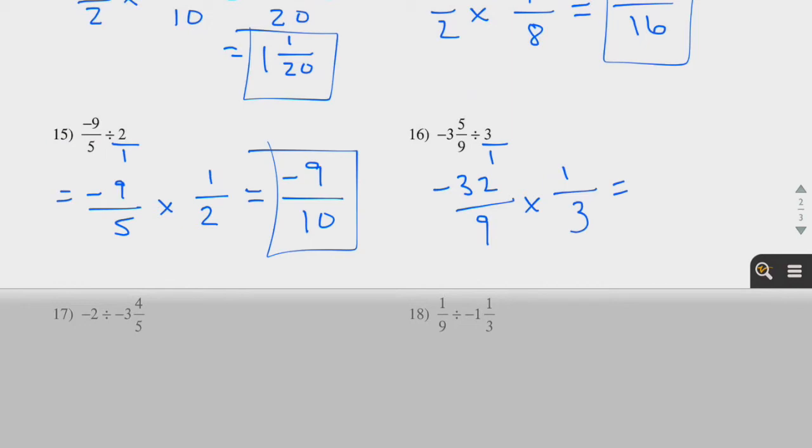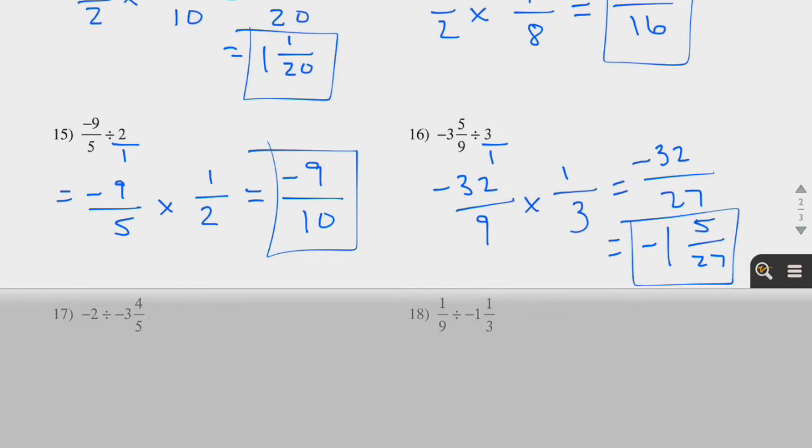Negative 32 times positive 1 gives us negative 32 over 9 times 3 is 27. 27 goes into 32 once. Even though it goes into it once, we still have to put that negative because it's a negative divided by a positive, with 5 left over, and then we put the denominator 27.